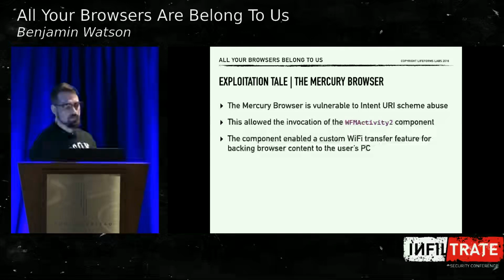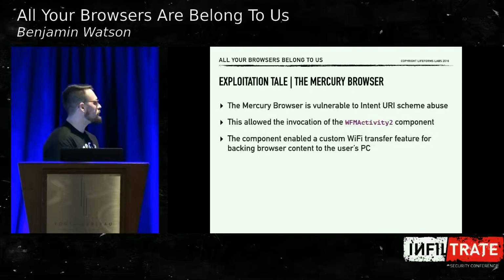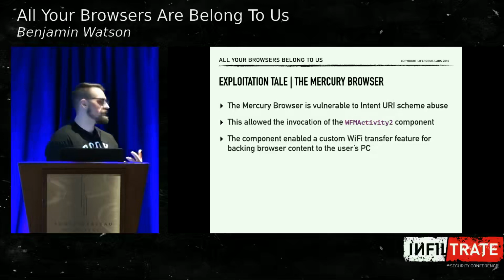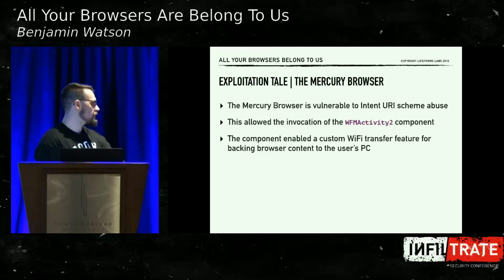So, the intent URI scheme abuse allows you to invoke this Wi-Fi Manager Activity 2 component. This component is private, and it basically enables this whole custom Wi-Fi transfer feature, which literally allows you to save and back up stuff from your PC, from the browser.